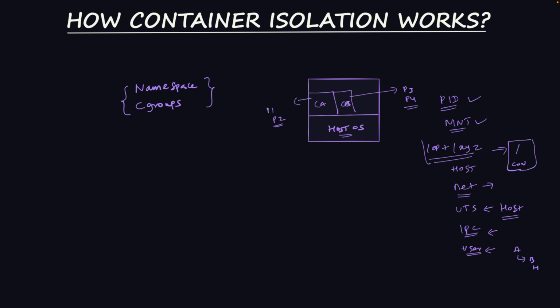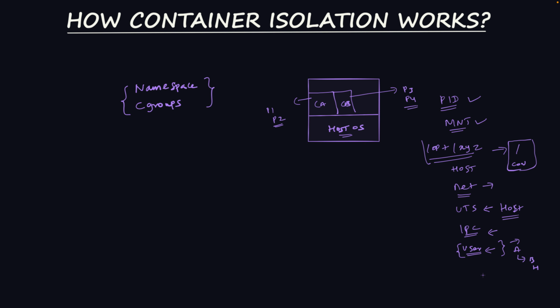So this is one of the security issues, and for this the modern option is to use a rootless container. That is a different topic altogether. I don't want to go into that, but for this video let's focus on the fact that there is a user namespace, but it is not used by default when we spin up a default container. So if you don't have such a namespace, then the user that you use inside a container is the same user that you have on the host machine.